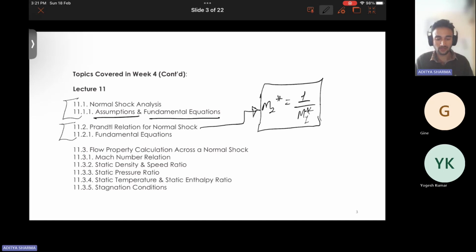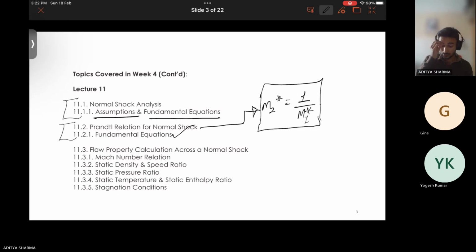All right. So a few one or two relations based on this have been given in that particular slide. Then we moved on to this. Then there were these fundamental equations.